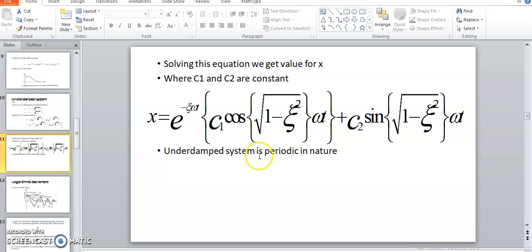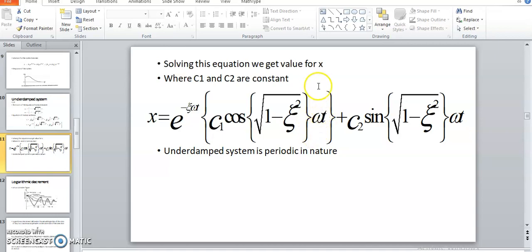As we discussed in the previous solution of the equation of motion of free vibration, we introduced omega n, which is nothing but the natural frequency of that particular free vibration.